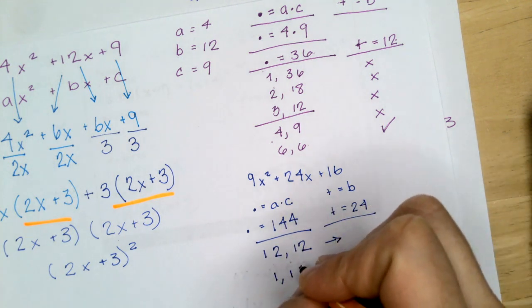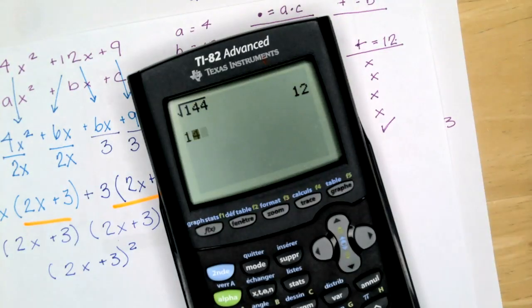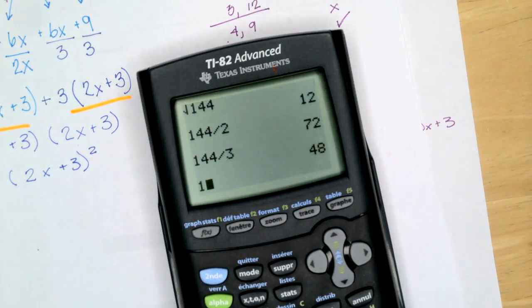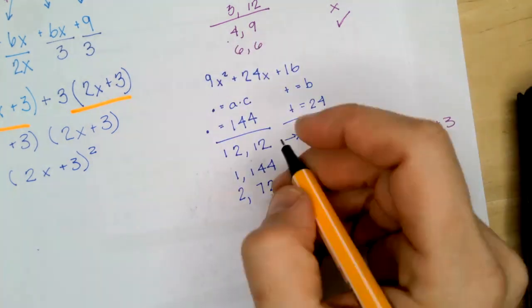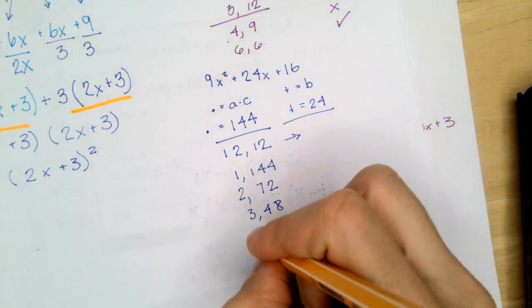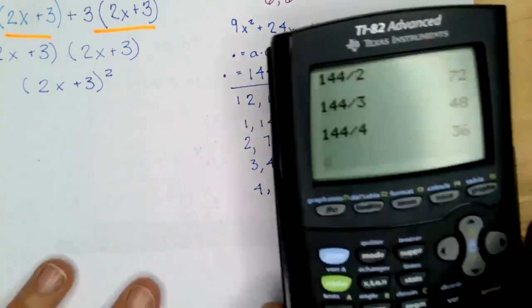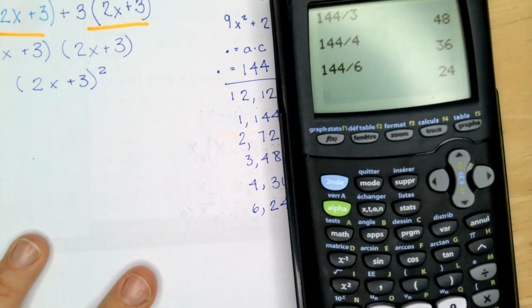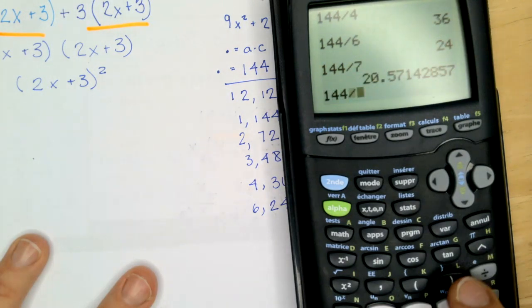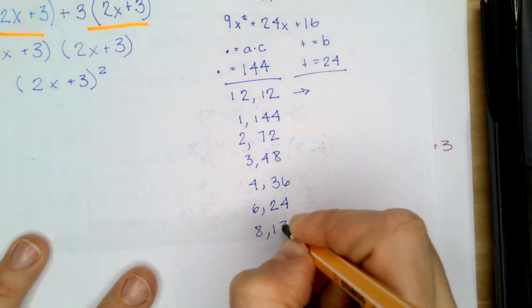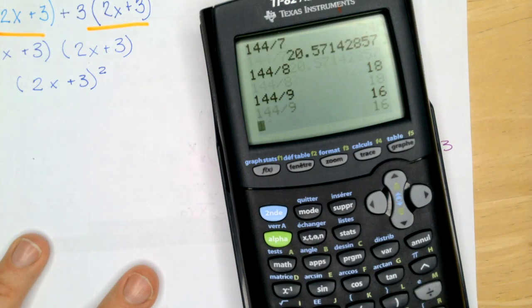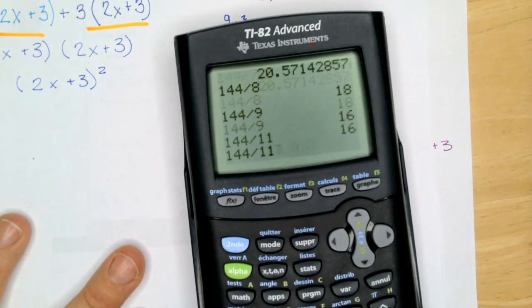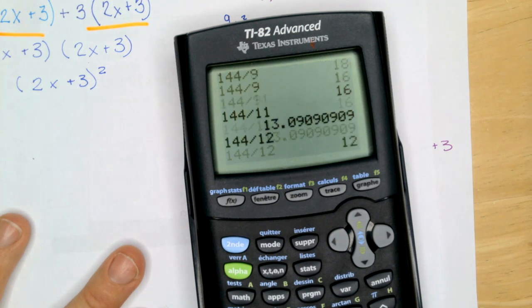Or you can go down the list. 1 and 144, 2 and 72, 3 and 48, 4 and 36, 6 and 24, 8 and 18, 9 and 16, and the last one is 12 times 12.